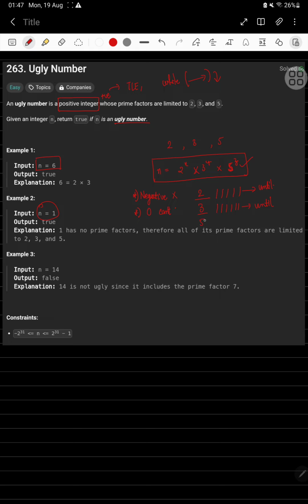Then keep dividing it by 5 until it is no longer divisible by 5. After doing all these steps, if the remainder of n comes out to be 1, then we know that this number is of the form 2^x * 3^y * 5^z and it satisfies our ugly number condition.